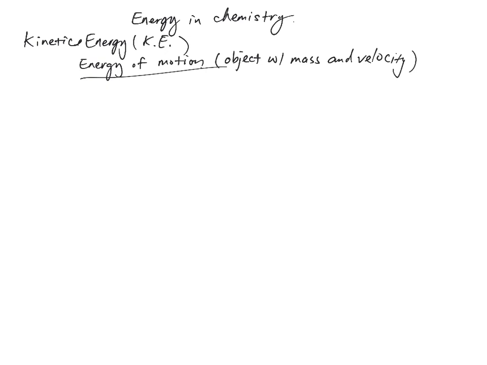Some of the kinetic energy forms are easy for us to see. A car driving fast on the highway, you obviously see a lot of kinetic energy. Large mass of the car and fairly fast speed, a lot of energy of motion is packed in a moving car.